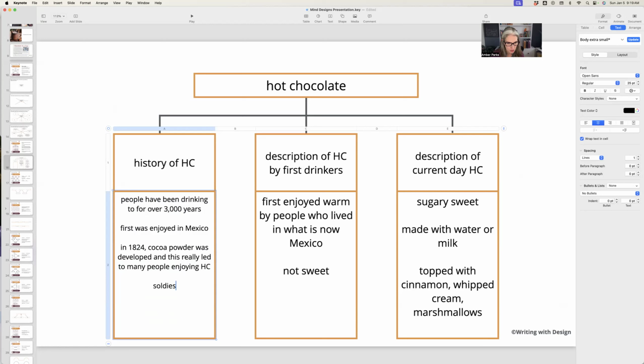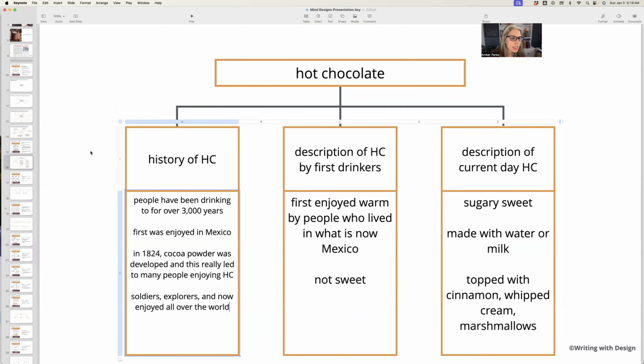This is soldiers, explorers, and now enjoyed all over the world. Okay, so look at how nicely this organizes and sorts our information. This is a wonderful design to get information classified and organized.